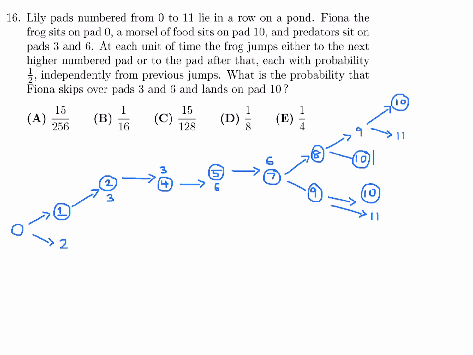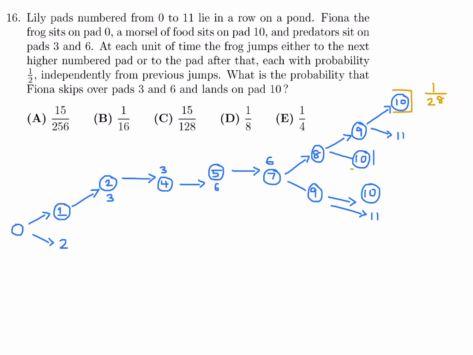Let's calculate the probabilities. Each of these has a probability of a half, right? So 1, 2, 3, 4, 5, 6, 7, 8. To get to there, it would be a half to the exponent 8. So this probability is 1 over 2 to the 8th to get to this 10 right here.